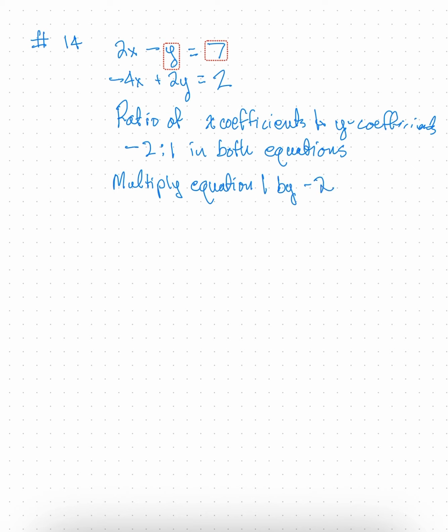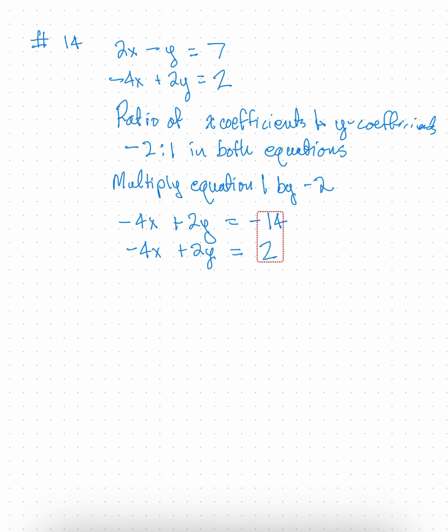And when we do that, we'll multiply every coefficient by -2. So we'll end up with -4x plus 2y equals -14 for our first equation. And we're going to leave our second equation alone. So that is going to be -4x plus 2y equals 2.